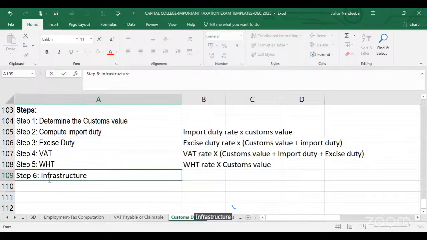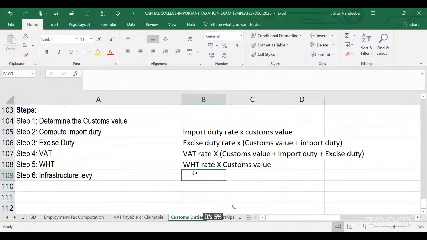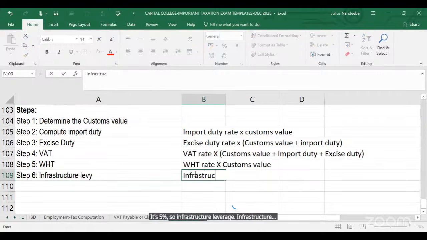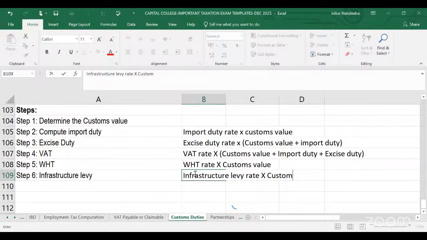Infrastructure levy is 5%. So infrastructure levy rate times customs value.